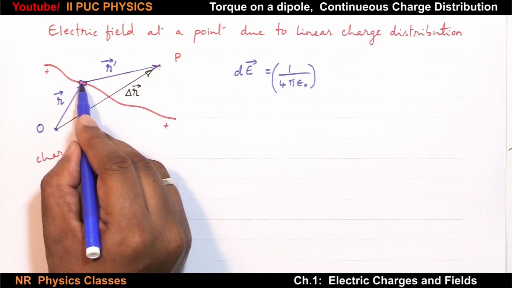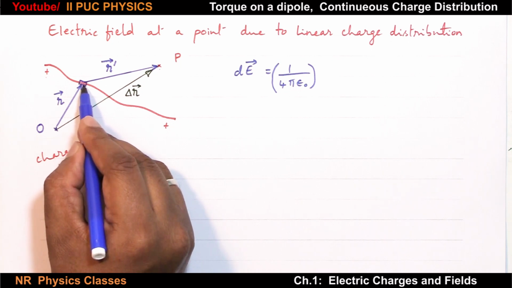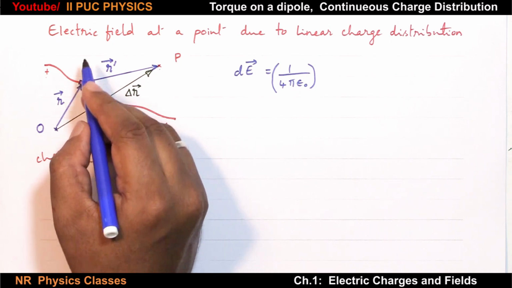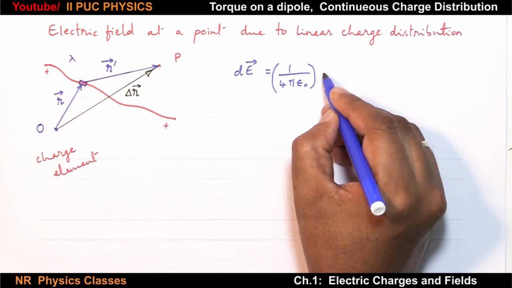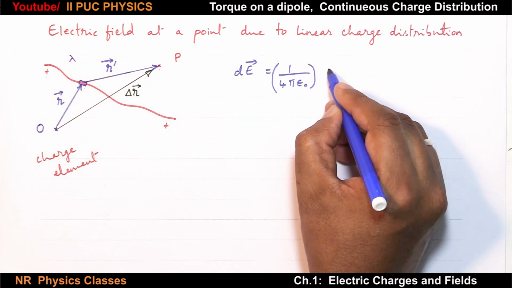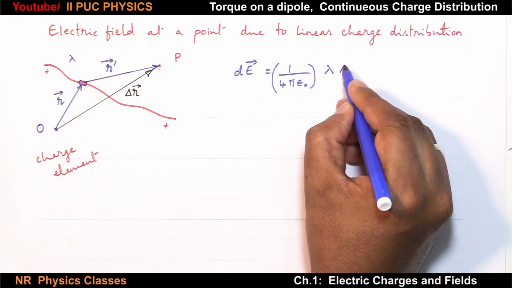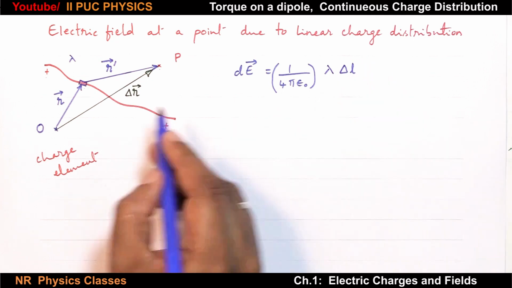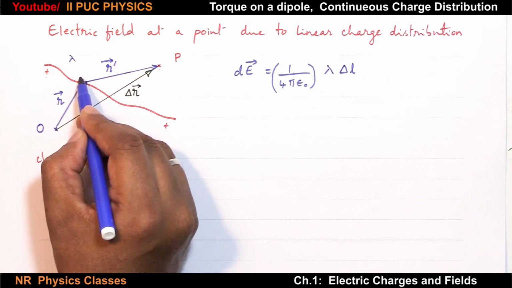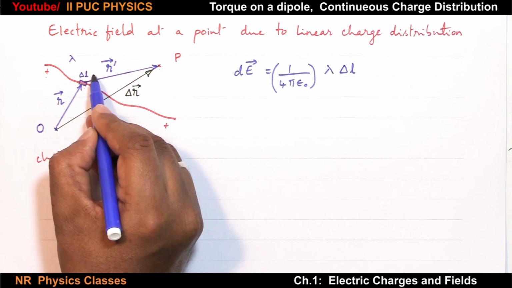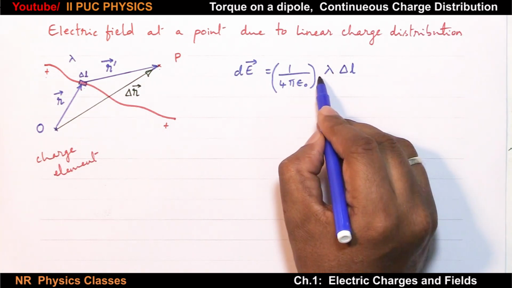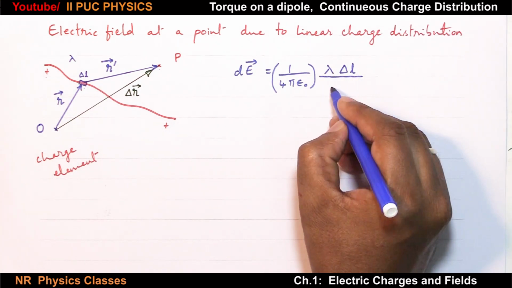This length is delta L. Charge density is lambda. Therefore, in place of delta Q, I can write lambda into delta L, where delta L is the length of this element, divided by distance square.